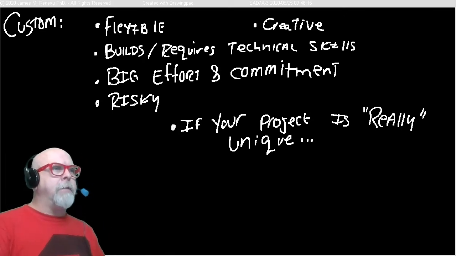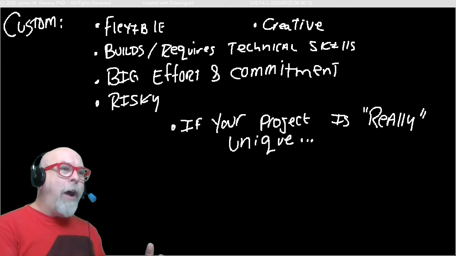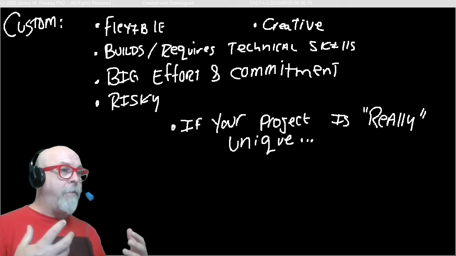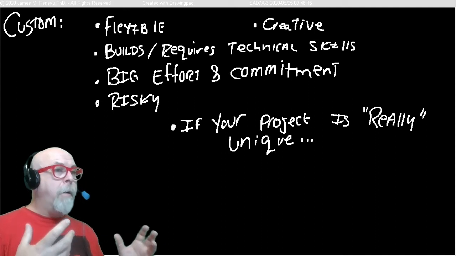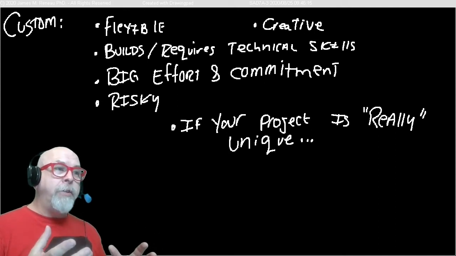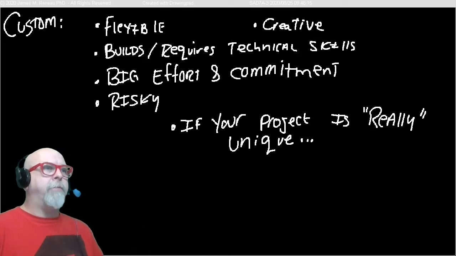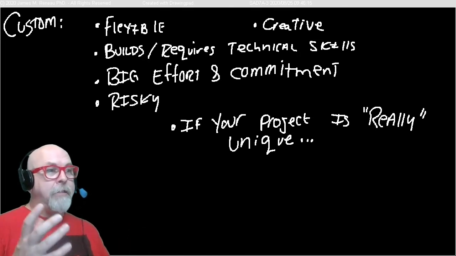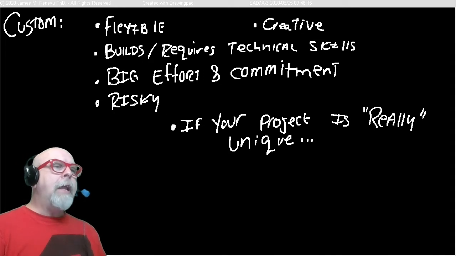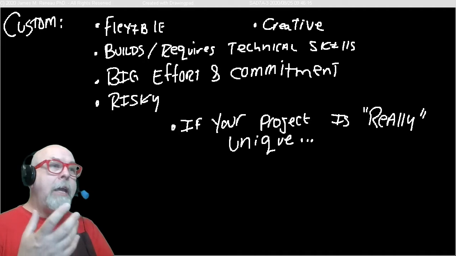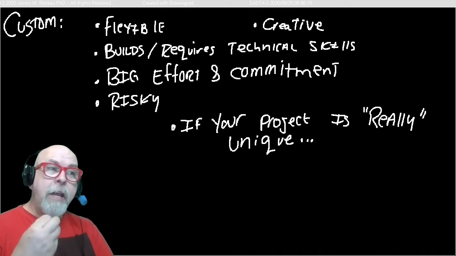Now, it requires technical expertise. We've got to have database people, network people, software people on staff, or we've got to bring them onto staff. And that gets expensive. If we already have those development people, though, why wouldn't we consider using them for the project, especially if it's something that we can be creative with? Also, in addition to requiring these technical skills, it builds those technical skills within our company.